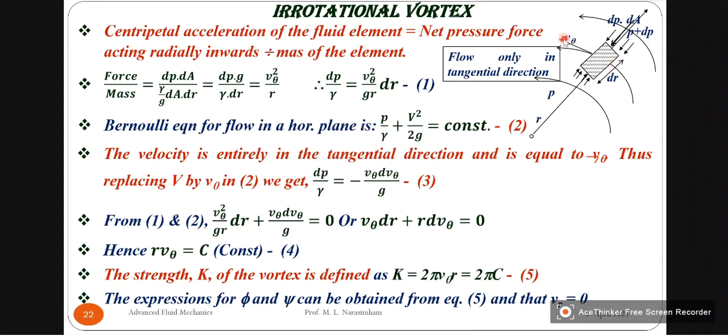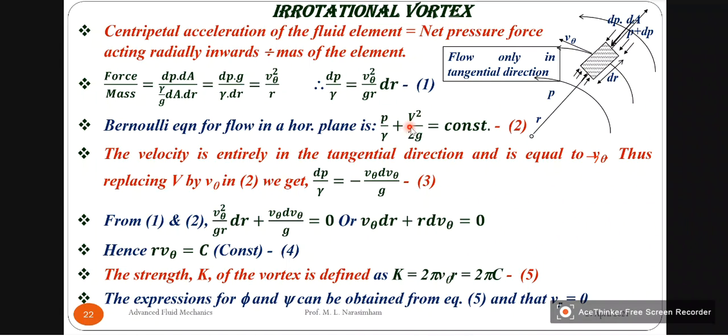So this is how the fluid will be moving, and it is v theta. So dp g by gamma dr is what we get. So dp by gamma is equal to v theta square by gr dr. So this is the first equation. Keep it as it is.